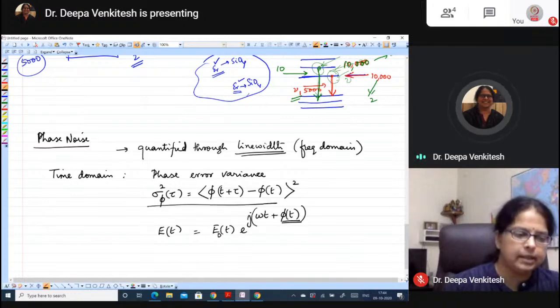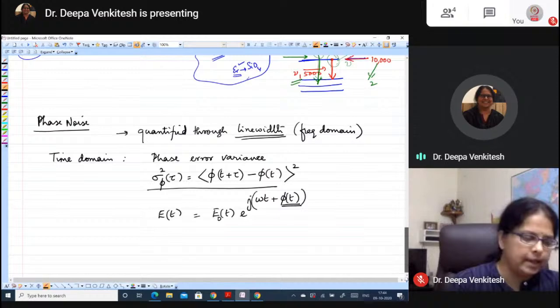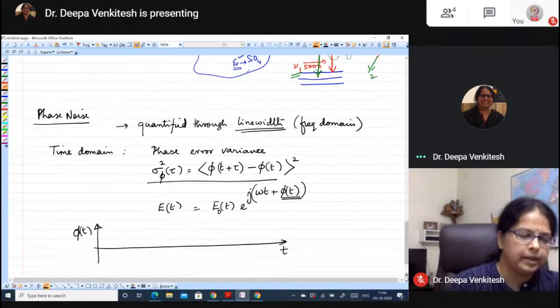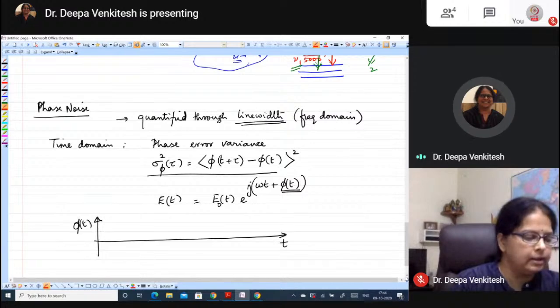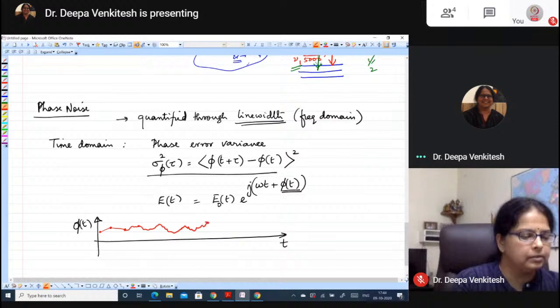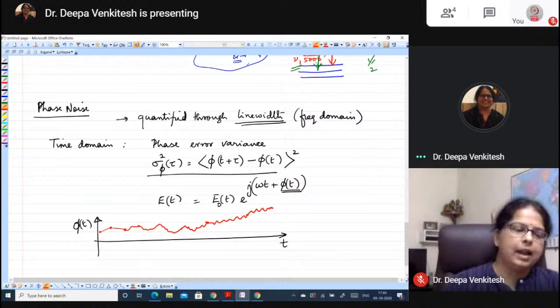Let's say I plot phi of t as a function of t. Initially I have a certain phi of t, then it changes to something else, and something else, it just keeps drifting. I'm just drawing it randomly right now.